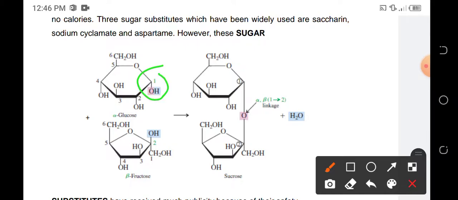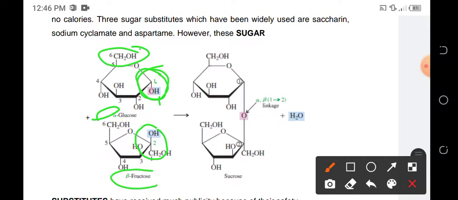Okay, carbon number 1 for alpha glucose and carbon number 2 for beta fructose. So, this is an alpha kasi nga the hydroxyl on the anomeric carbon atom is below while the terminal CH2OH is above. So they are in opposite directions, therefore that's an alpha.